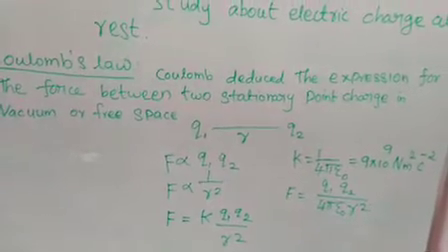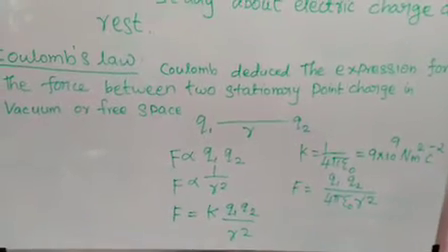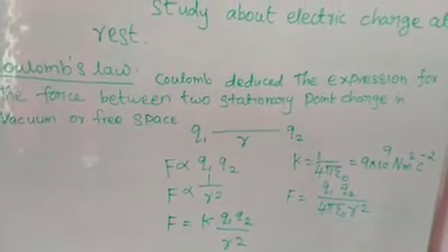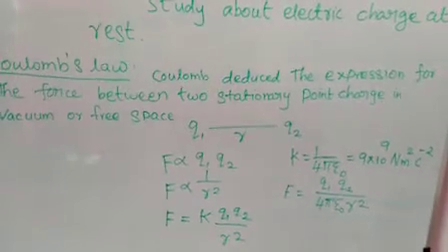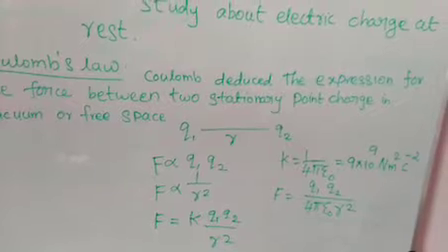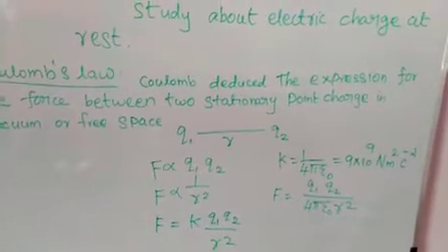Here K is a proportionality constant. Its value is K = 1 by 4 pi epsilon naught = 9 × 10^9 newton meter square coulomb inverse 2.